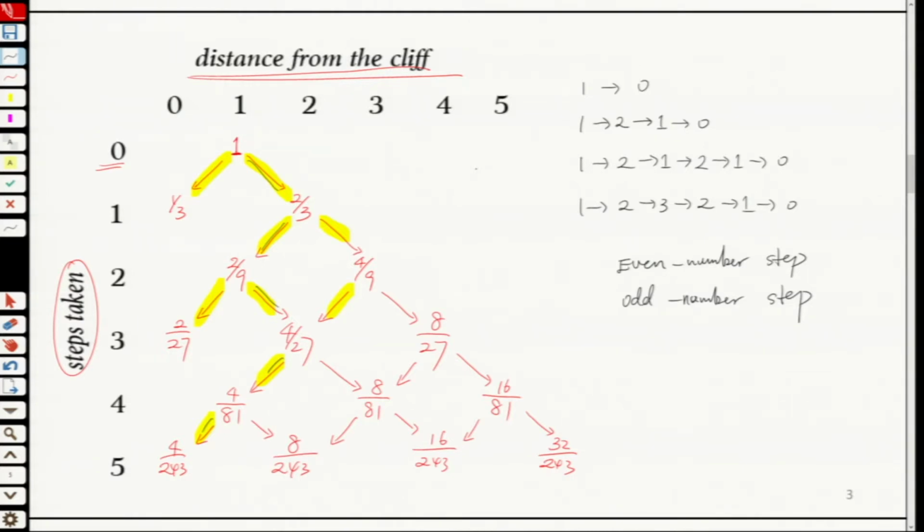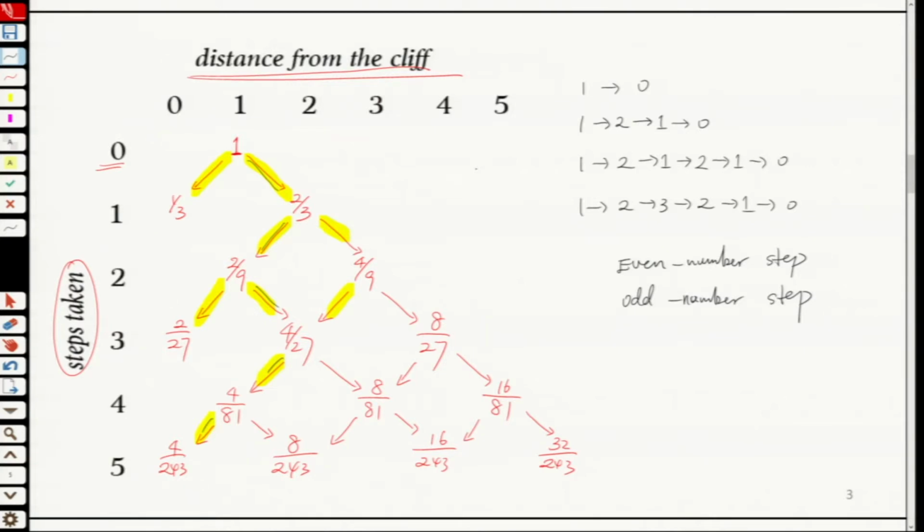Okay, so this is 1 step, and 1, 2, 3, or 1, 2, 3, 4, 5, and we can continue to do this with computers. Okay, and if we were here, the probability to get absorbed towards the cliff is 1/3, and away from the cliff is 2/3.